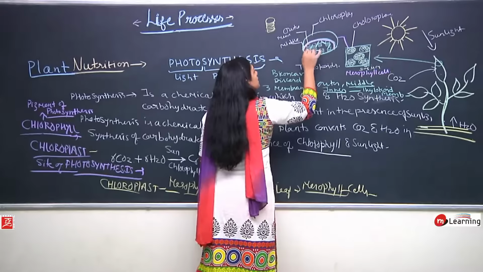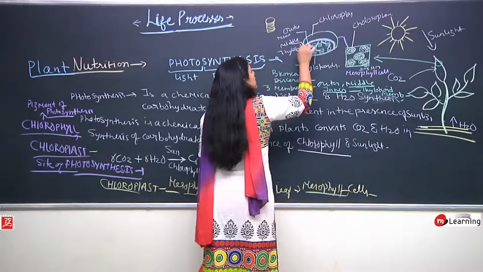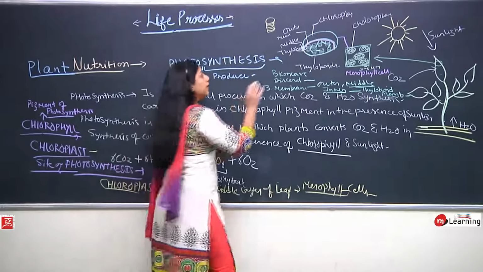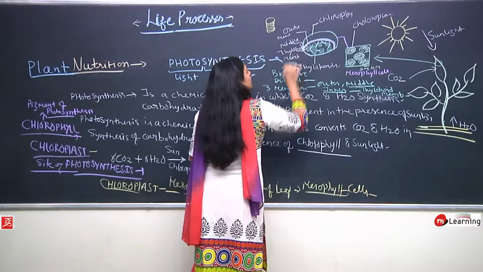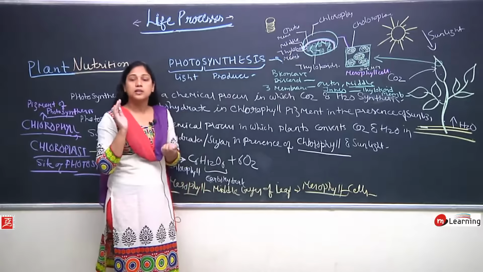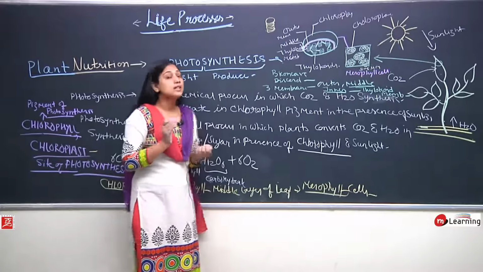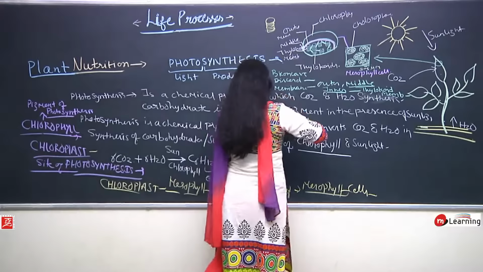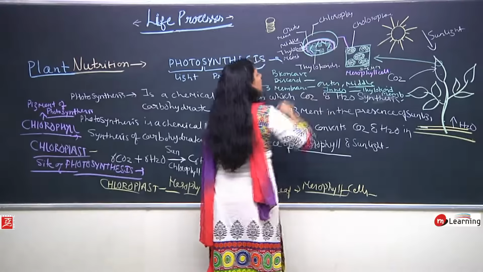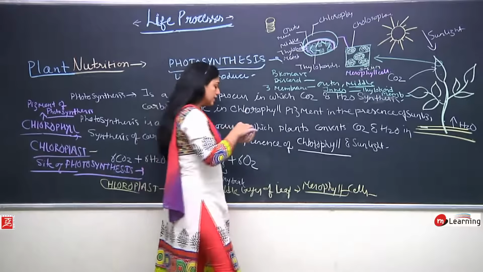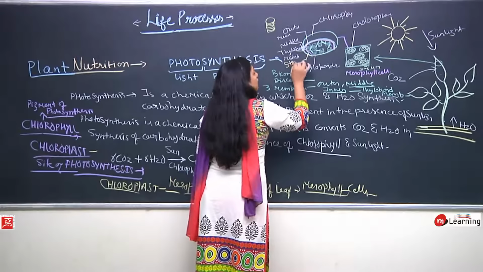The space between the thylakoid membrane and the outer membrane is called stroma. This is the membrane which is covering the thylakoids, and the space between this and the outer membrane is called stroma.